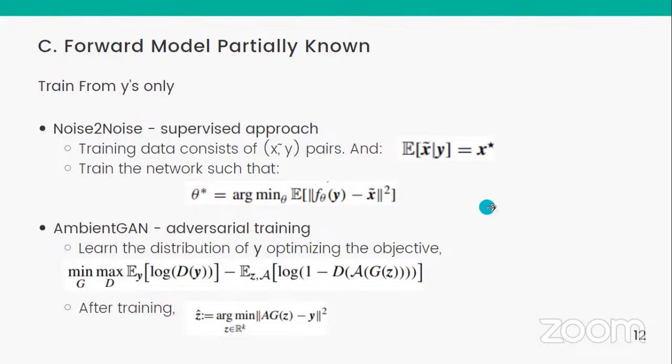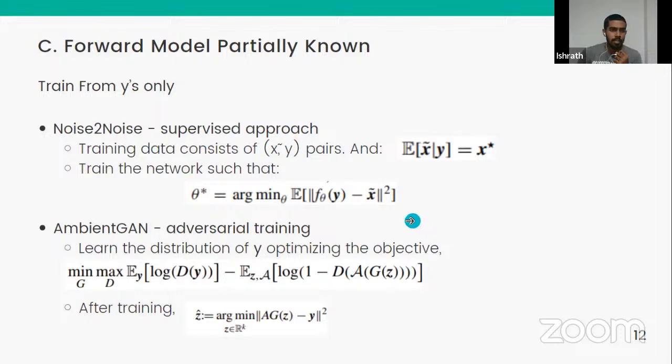Okay, so continuing with AmbientGAN. In the case of generative prior problems, we are always trying to learn the distribution of the ground truth images.